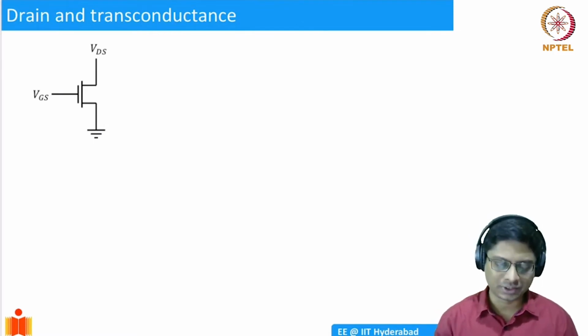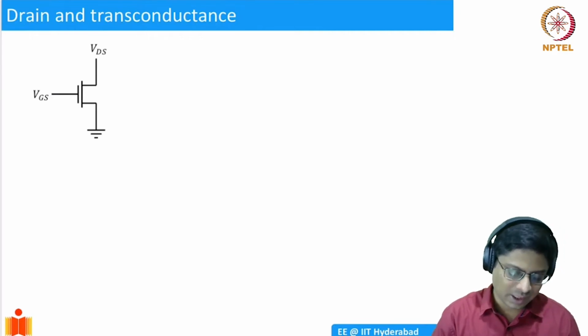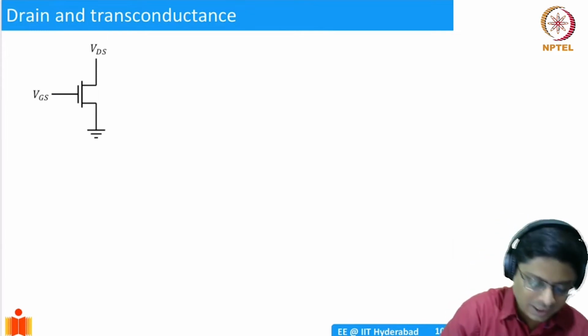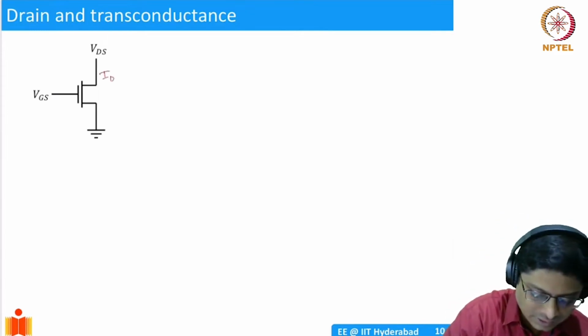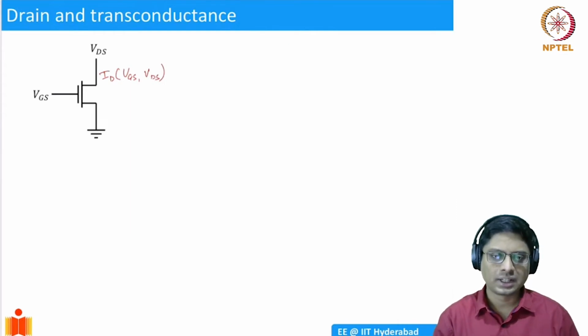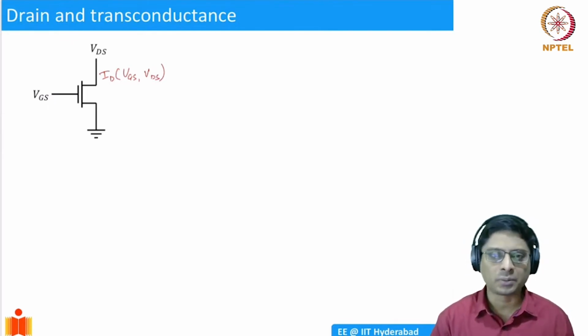Okay. What we can do is, let's say here there is this MOSFET, and we applied a voltage VDS and then a gate voltage VGS. So you could have a drain current, which is ID, essentially a function of VGS and VDS. Right? So you could fix these DC voltages, and then you get a DC current, and then you can apply a very small signal on top of this DC.